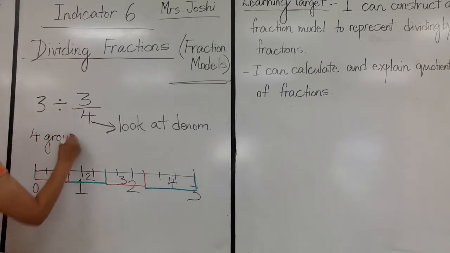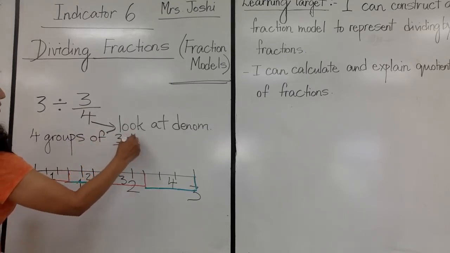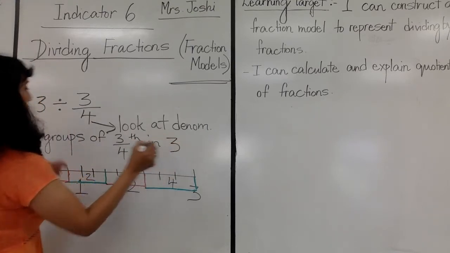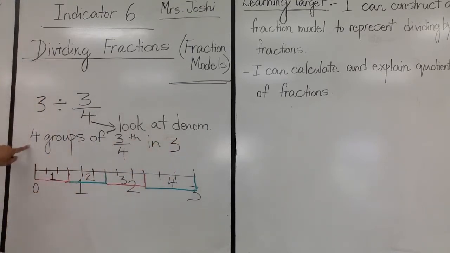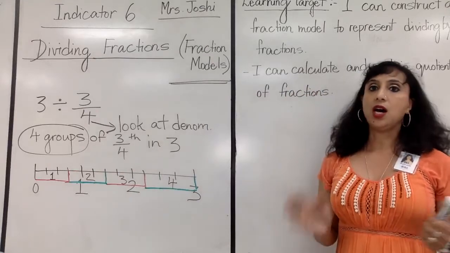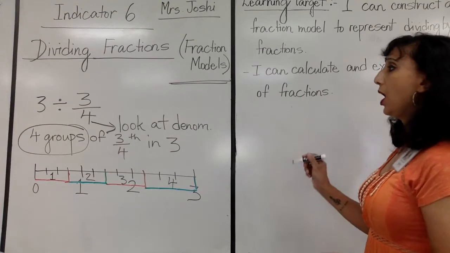My answer is 4. So 4 groups of 3/4 in 3. So in this 3, we have 4 groups of 3/4. And so that is what my answer is. Okay, so I'm going to show this to you in the circle form, or if you would like to do the rectangular form, it doesn't matter how you do it.